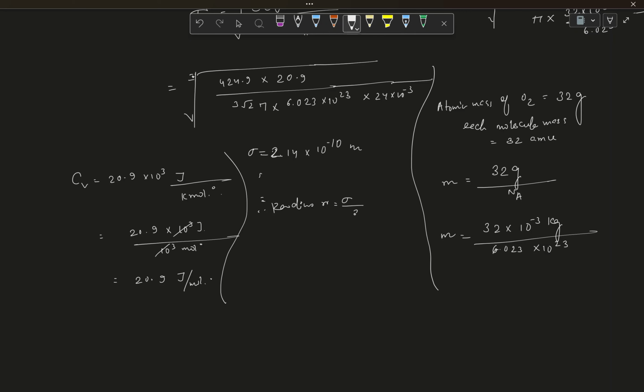Radius of oxygen molecule is just diameter by 2. Then it is 1.07 into 10 to the power of minus 10 meter, or it is somewhat 1.07 angstrom.